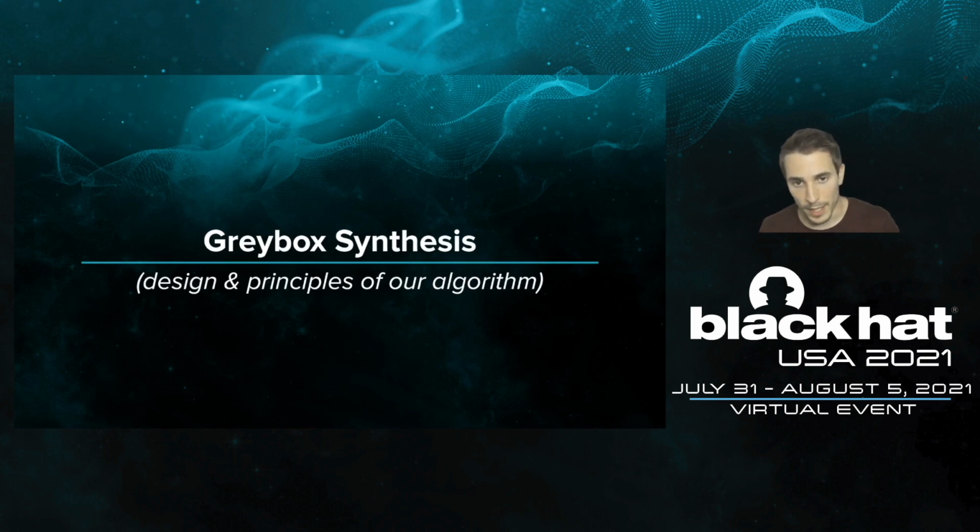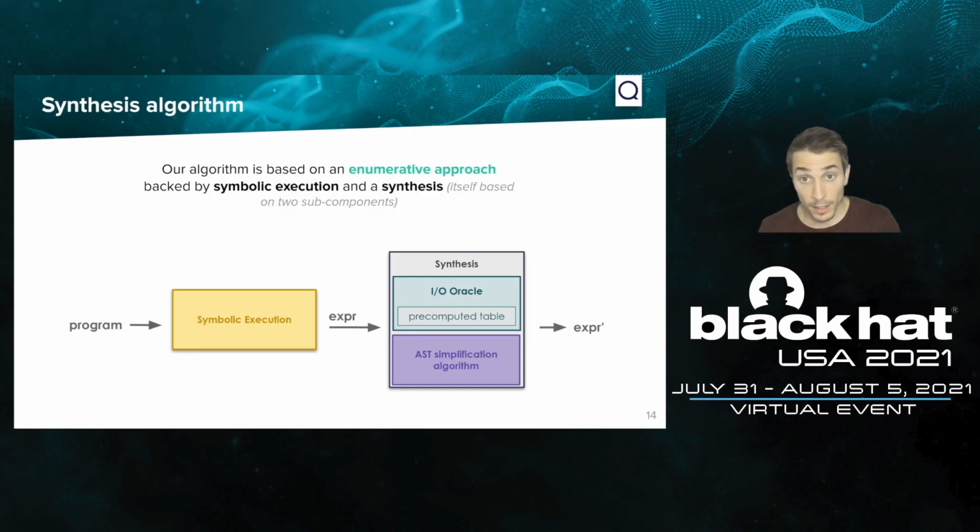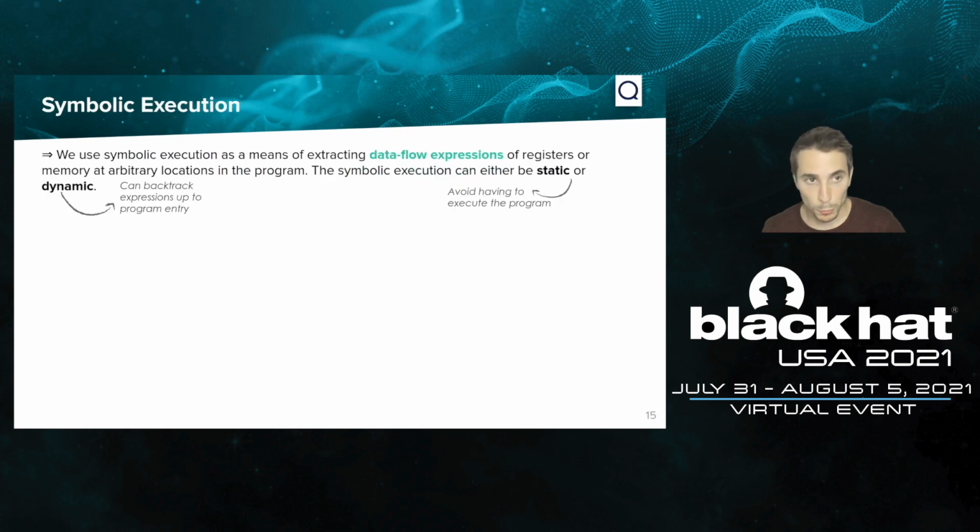Okay, so what is Greybox synthesis? I'm going to describe the algorithm. Our approach uses two components, a symbolic execution engine and a synthesizer. The basic workflow is that you have a program, you execute it symbolically, then you obtain some expressions that you want to simplify, you give them to the synthesizer, and hopefully you obtain some synthesized expressions.